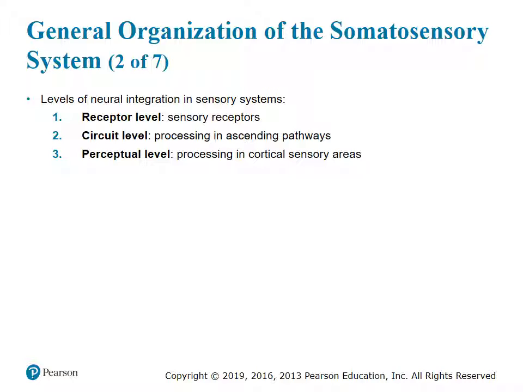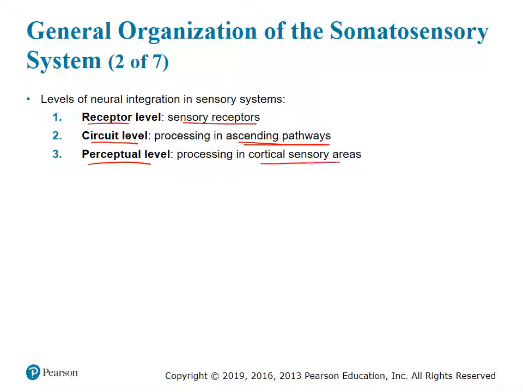Okay, so in a sensory system like this, the somatosensory system, you've got the receptors. You've got how this stimulus or this information is going to be processed up the way into the CNS, and then how it's going to be perceived, how it's going to be processed.